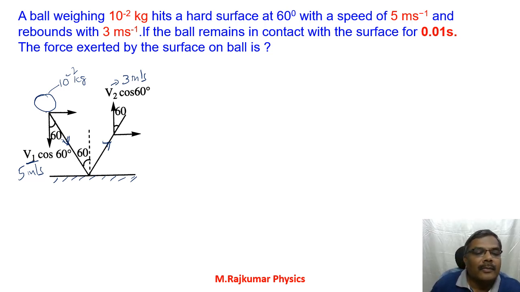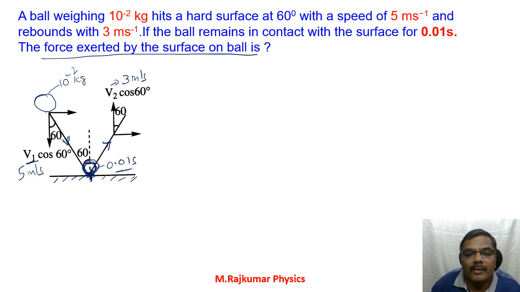So here what they are asking: the ball is in contact with the surface for 0.01 second. When it is in this contact, what is the force exerted by the surface on the ball? How much force is given by the surface on the wall here?